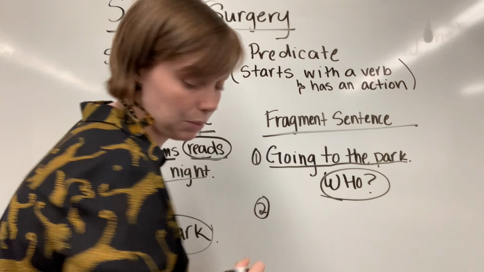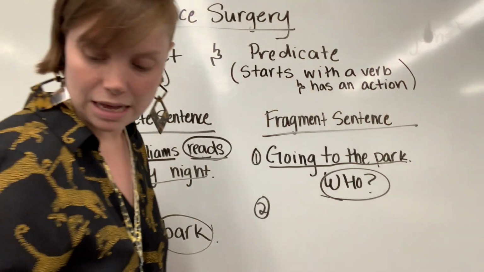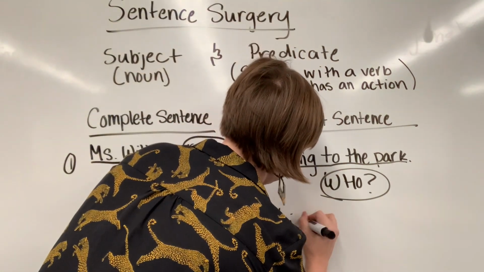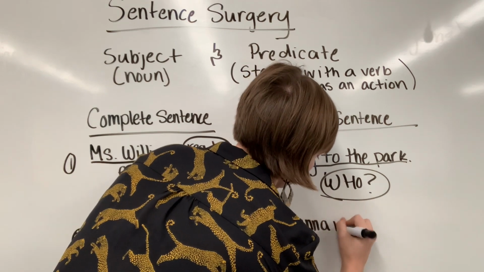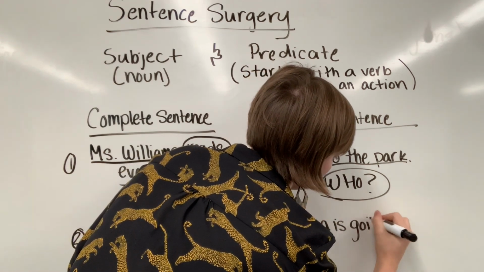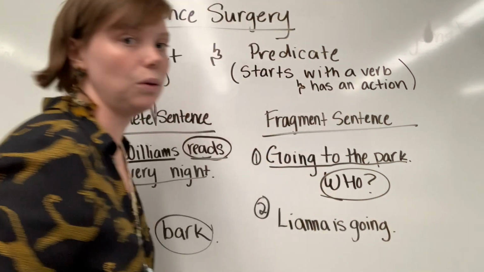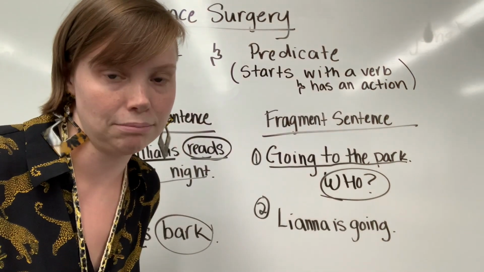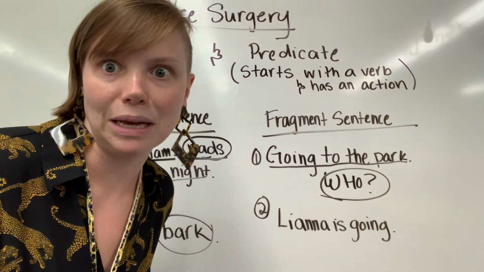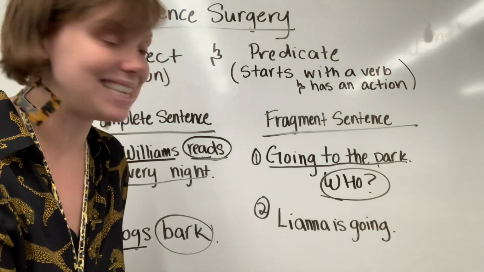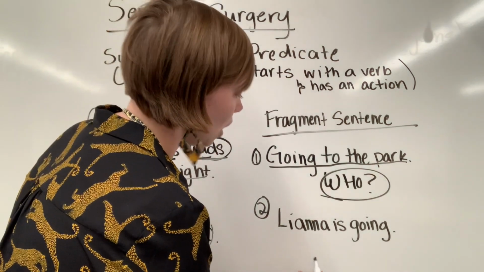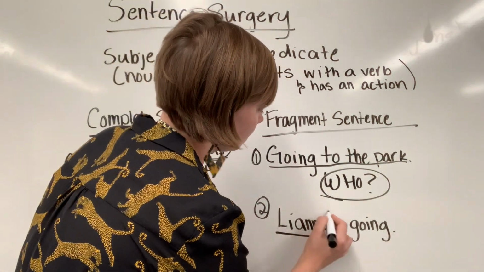Our second example of a fragment is Liana is going. Well, where is Liana going? We don't know because it doesn't tell us in the sentence. So Liana is going gives us the subject.